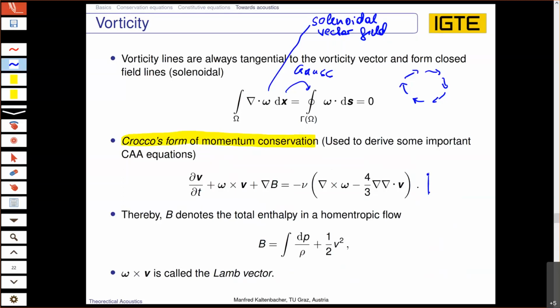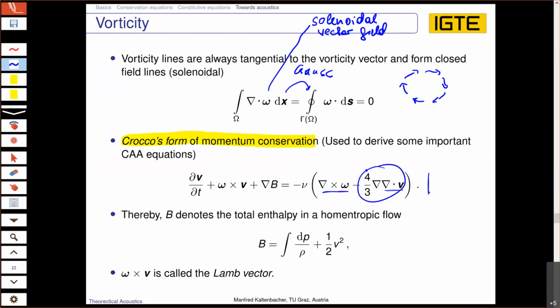And this is very interesting because on the right-hand side, you have once the curl of the vorticity and once the divergence of the velocity. So this second term is already zero in an incompressible flow. If it is compressible, clearly it is not zero.